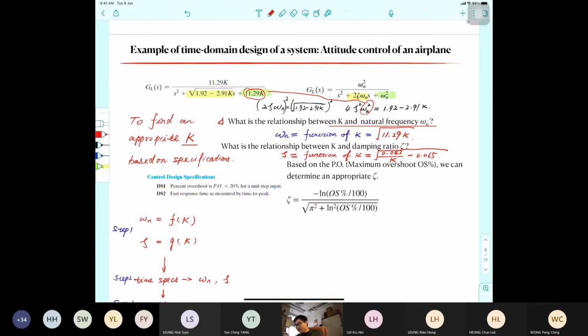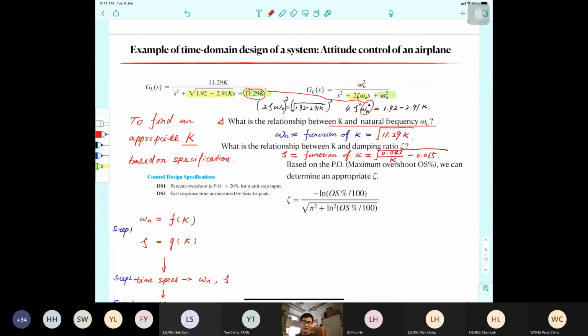And here I have a question. If the zeta is larger, what will k be? That is, what is the relationship between zeta and k? K cannot be 0, because if k equals 0, the denominator becomes 0.